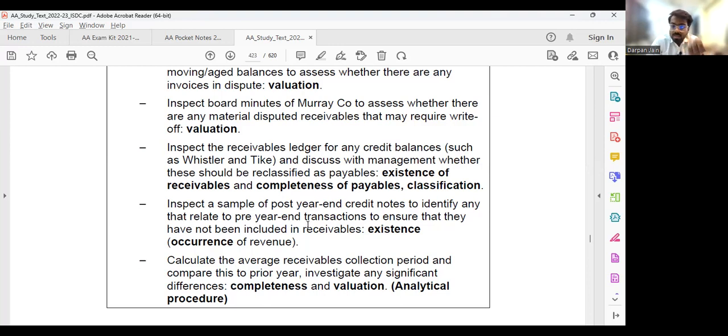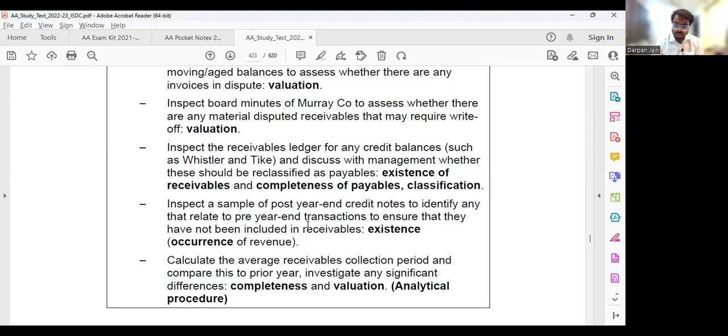If it is relating to the sales of this year, that sale should be nullified with sales returns and that receivable should not be there, because those goods have been returned. In case of a sales return, you should reverse the entry of the sales. Basically, the receivable will not be there then. That amount should not be included in receivables. That's what you're checking.